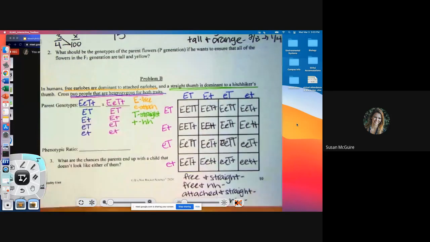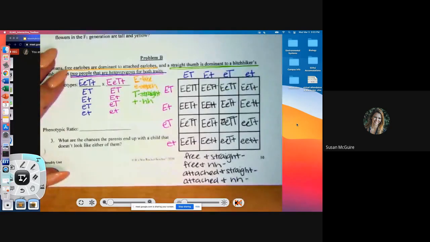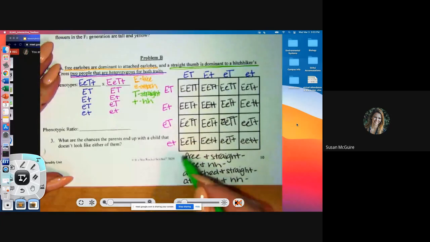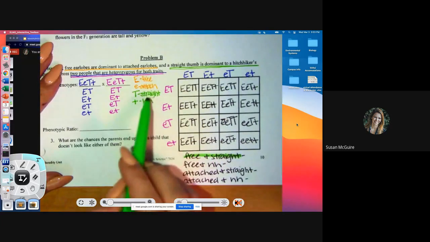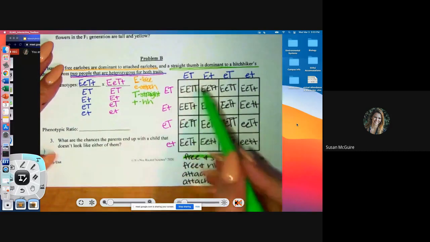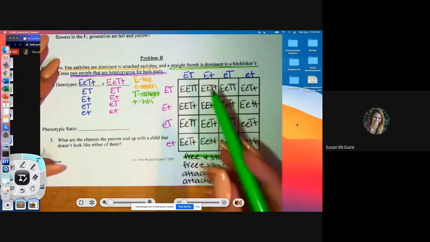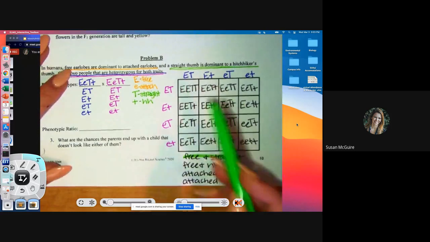So this first one, I'm going to highlight this. Free and straight. Free and straight are both dominant, so we need at least one dominant for each type of trait, so ears or thumbs.